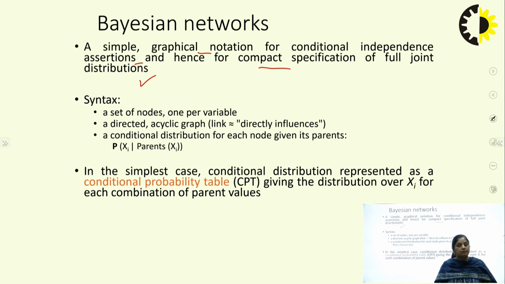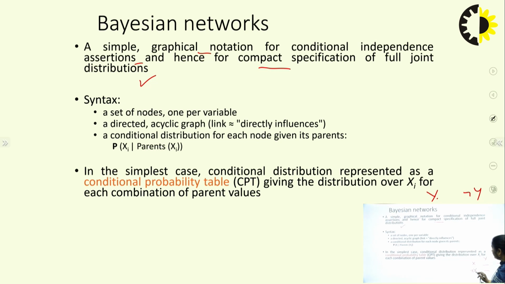This we can understand with example of two variables. If I am having one variable x, another variable y, so what full joint distribution will have? When x is true, y is true, the probability. When x is true, y is false, the probability. When x is false, y is true, the probability.